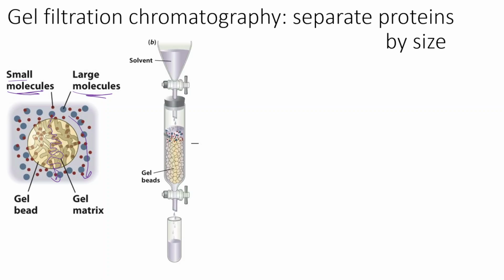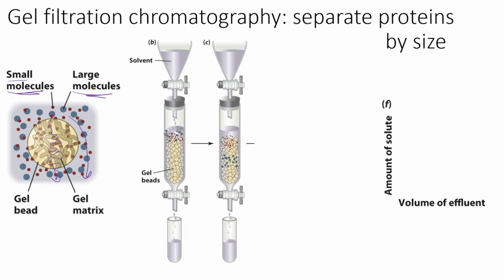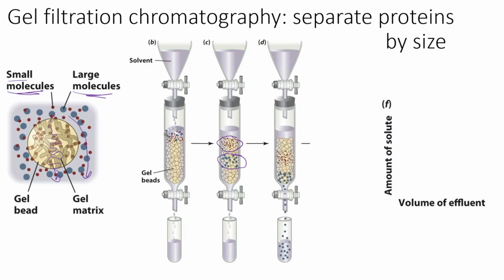So in our summary, for gel filtration chromatography, you have gel beads that are your stationary phase, and then you have your solvent containing your proteins. Over time, the larger proteins travel first and go faster, versus the red ones that get trapped towards the top because they're small and stuck.